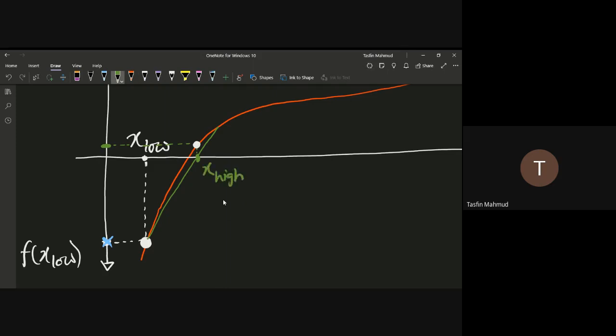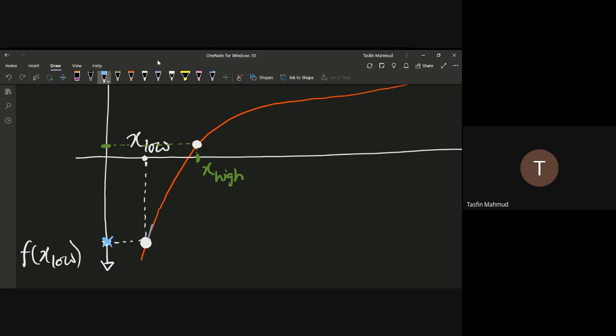So if we do one more step, we are going to draw one more straight line joining these 2 white points, right? These white points. We are going to join these 2 points using a straight line once again.